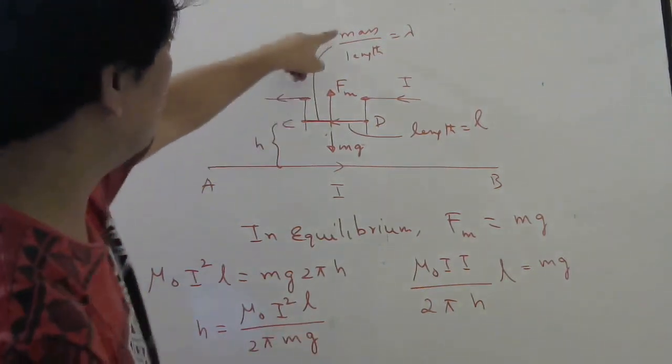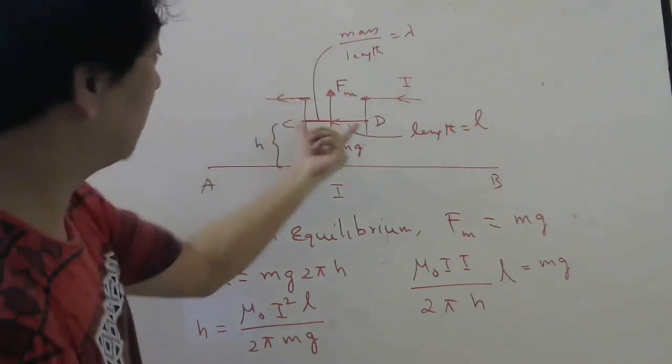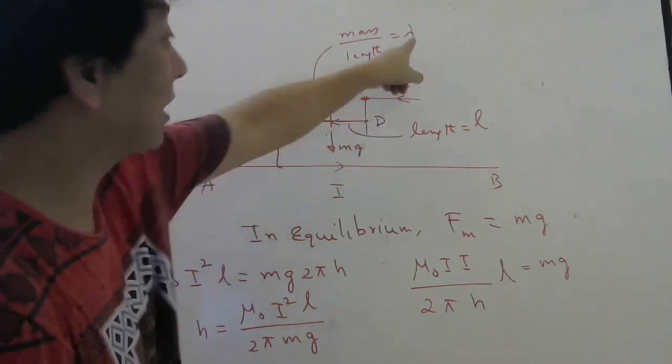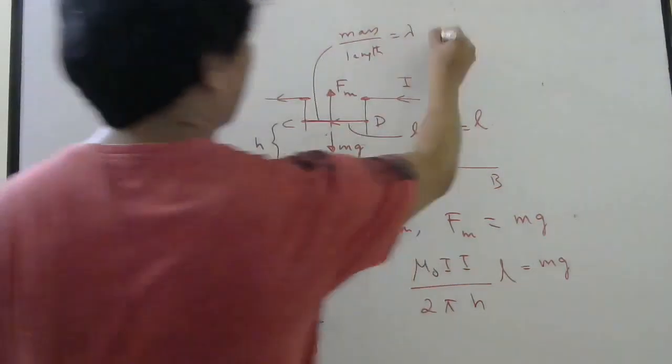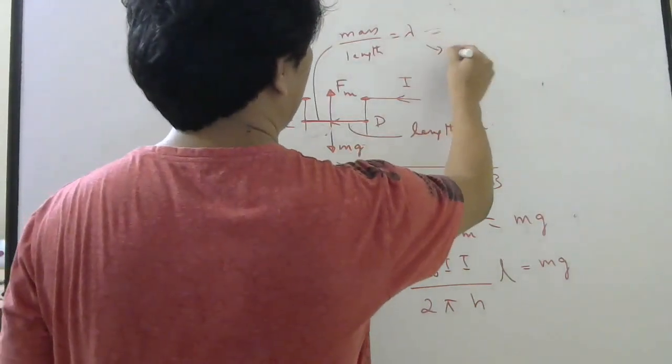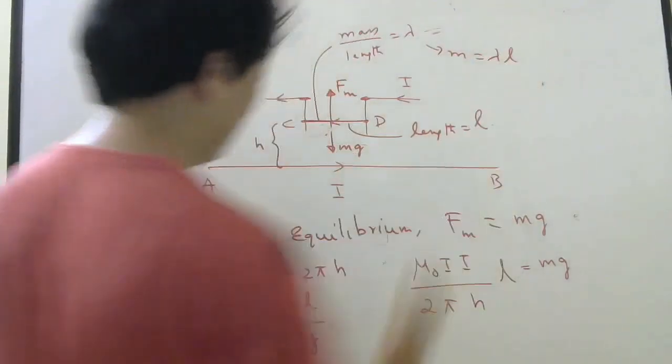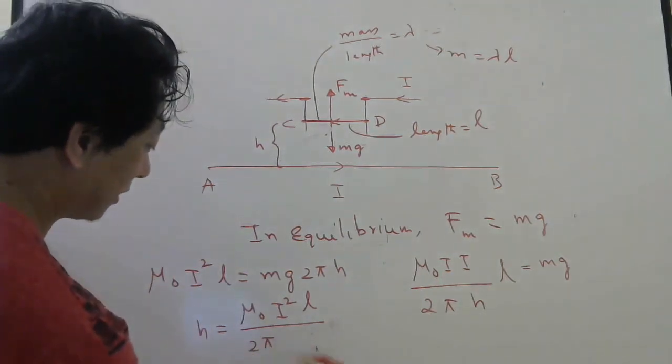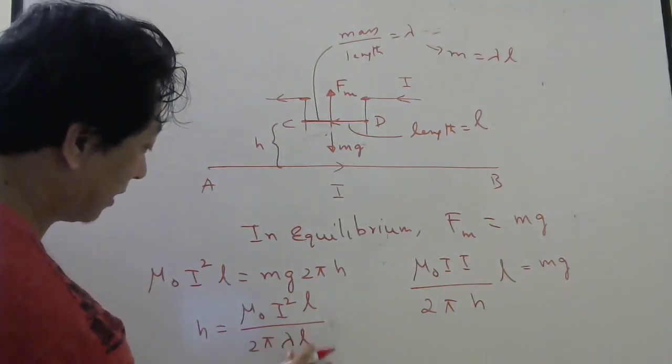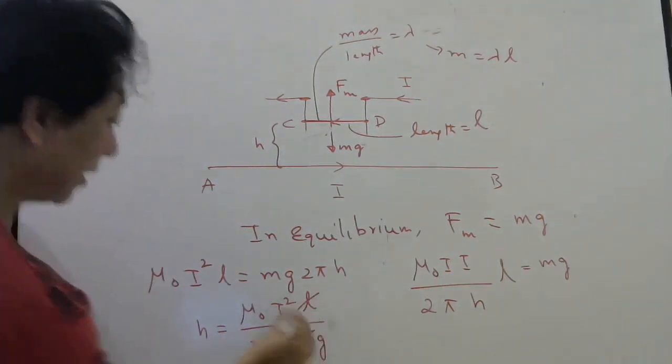Now they gave you the mass per unit length of this CD wire as lambda. That means mass will be lambda into L. So in place of mass you can write lambda into L into g. So L will cancel.